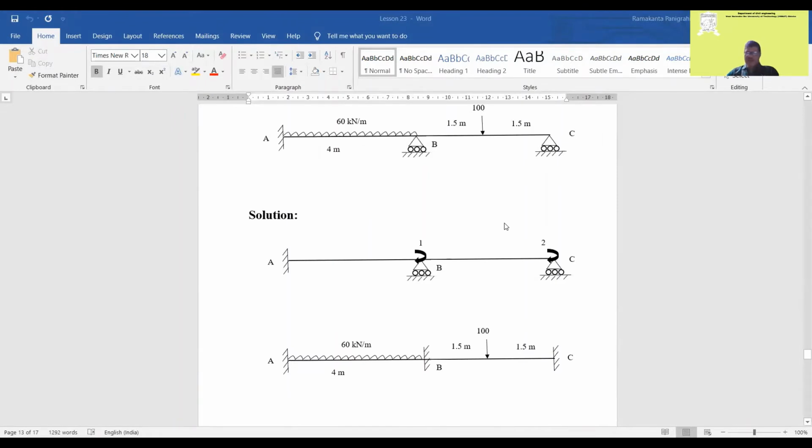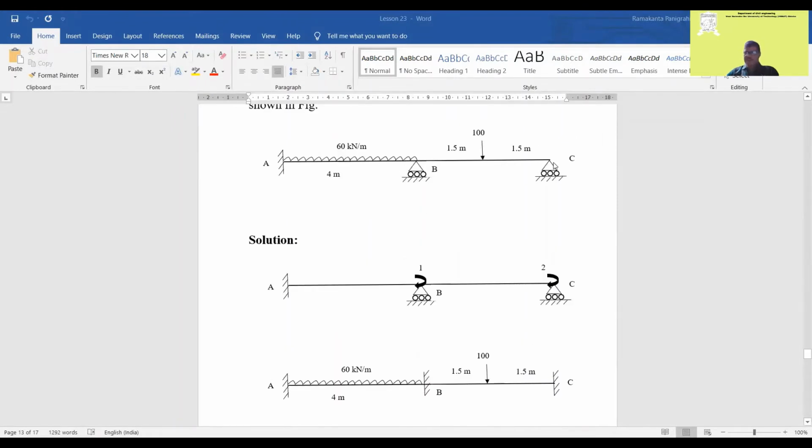So first thing you have to find is the kinematic indeterminacy. Now, as we know, this is a fixed support, so there will be no kinematic indeterminacy here because theta is 0, delta is 0, everything is 0. Now here at B the vertical displacement is restrained, and there will be a rotation.